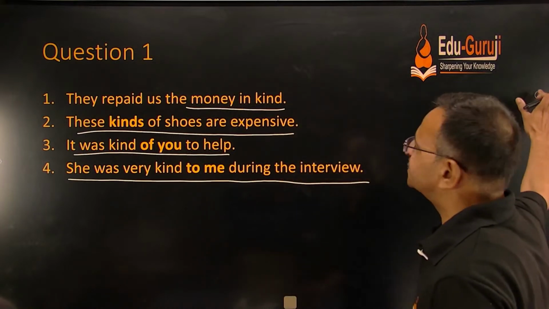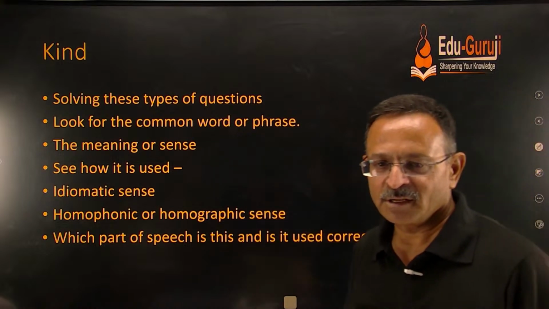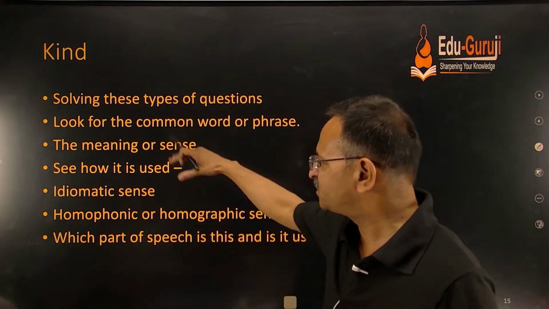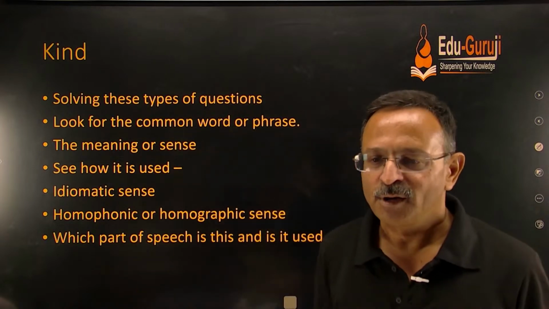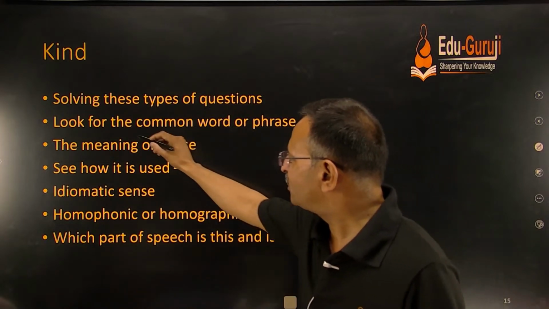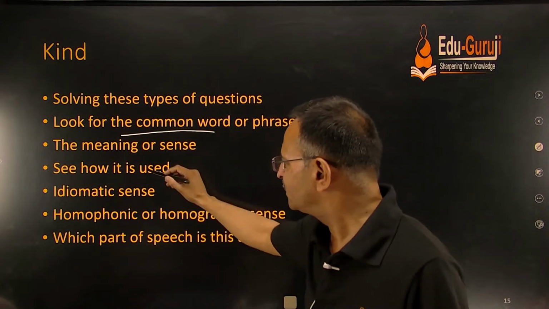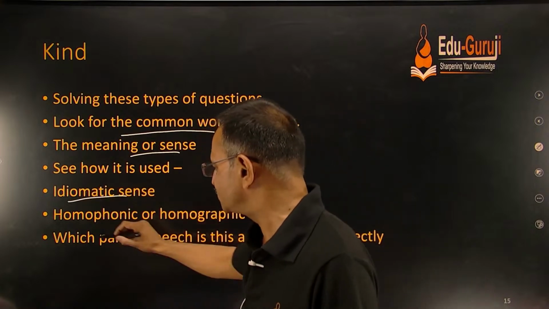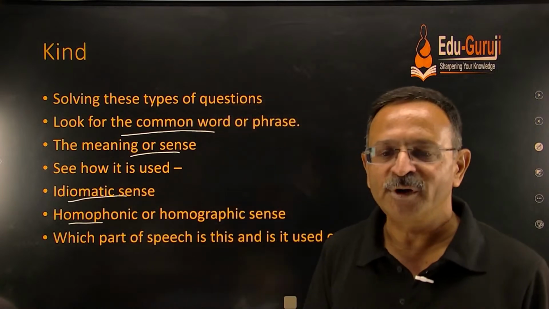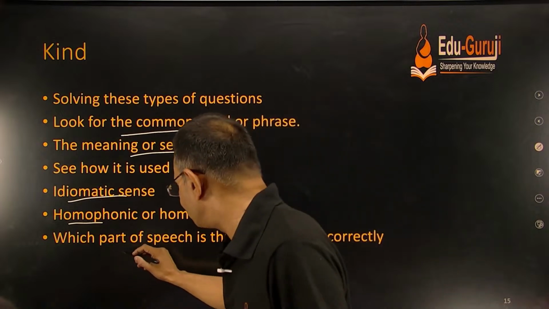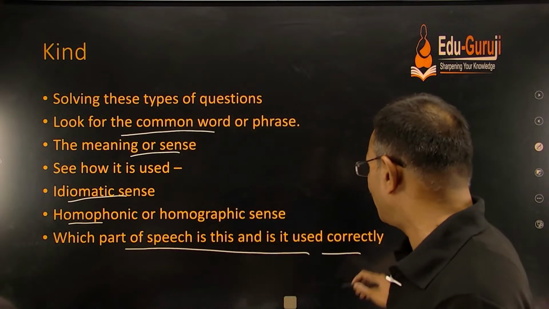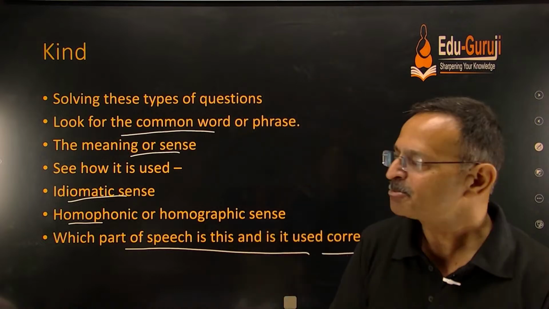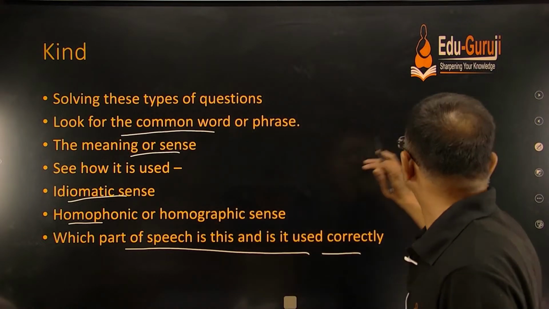As we discussed yesterday, we can use these three parameters to solve this type of question. First, look for the common word, the meaning or the sense, see how it is used, and the idiomatic use may be homophonic or homographic, and which part of speech this is and how it is used correctly. So these are the parameters which we discussed yesterday. We can use them here also.